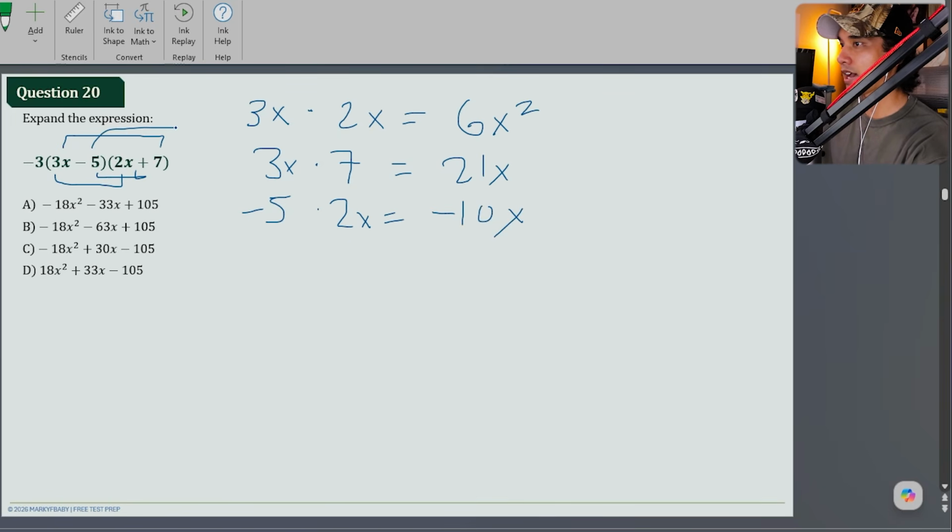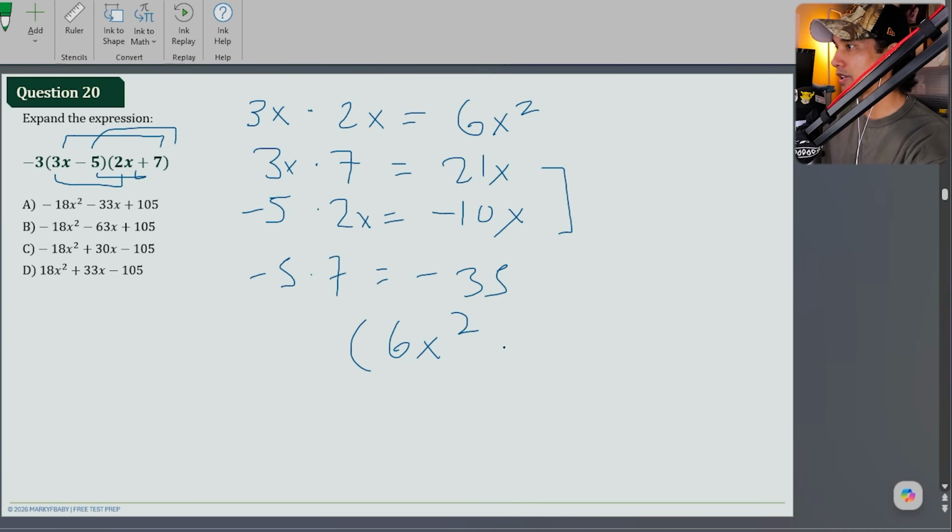And then -5 times 7 gives me -35. Combine everything together. I get 6x squared, and combining the middle terms gives me plus 11x and then minus 35.